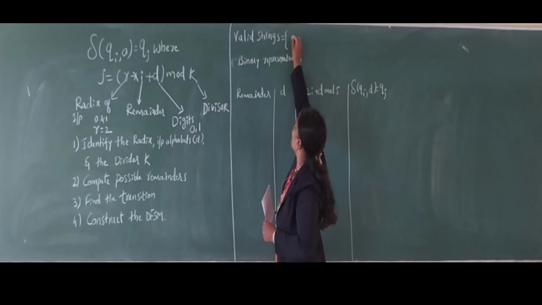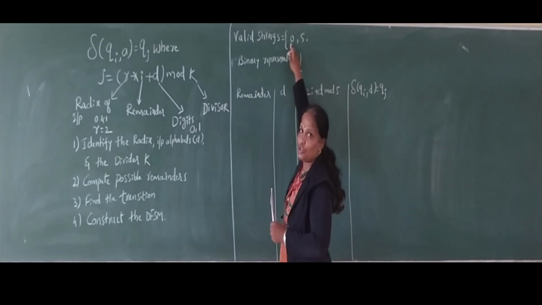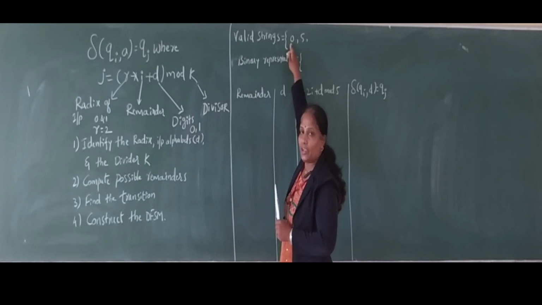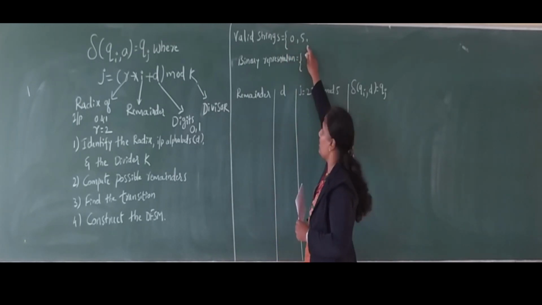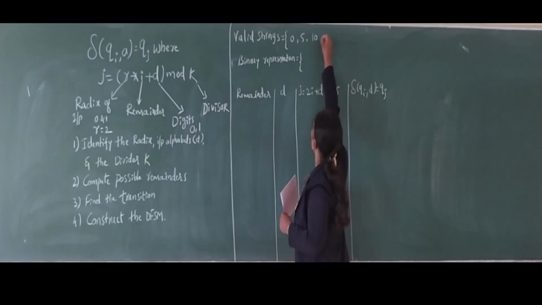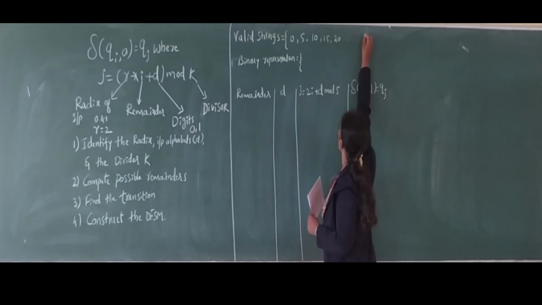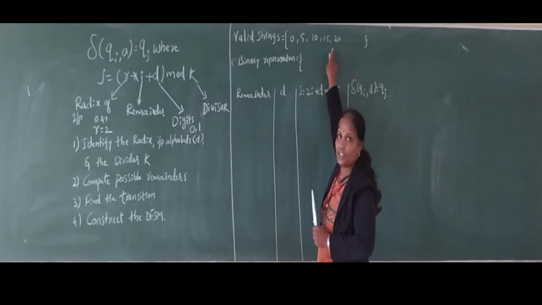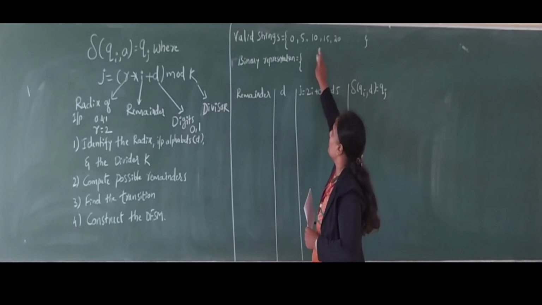So first I will write those numbers in decimal form: 0, 5, because 0 mod 5 gives a 0 remainder, 5 mod 5 gives a 0 remainder, then 10 mod 5 gives 0, 15 mod 5 gives 0, 20 mod 5 gives 0, and so on. The numbers which are divisible by 5 are the valid strings.